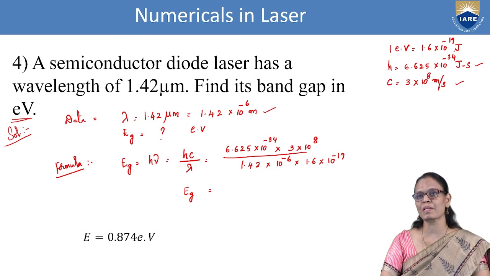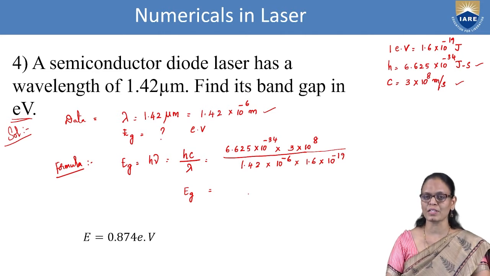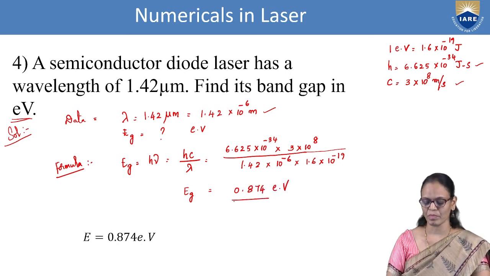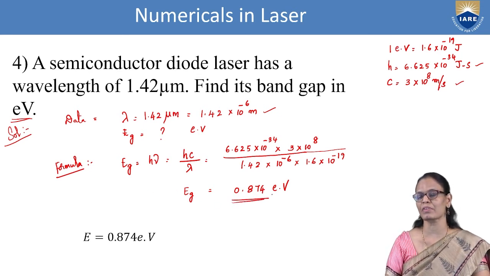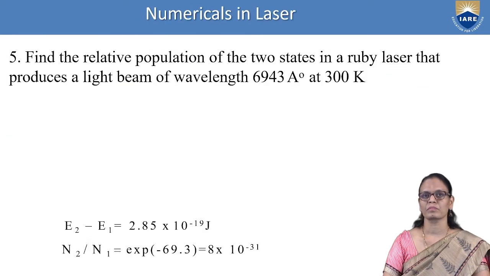And when we have to express joules in electron volt, we will simply divide it with 1.6 into 10 power minus 19. So dividing with 1.6 into 10 power minus 19 gives us the value of energy in electron volt, that will be 0.874 electron volt. So the band gap is given by 0.874 electron volt.